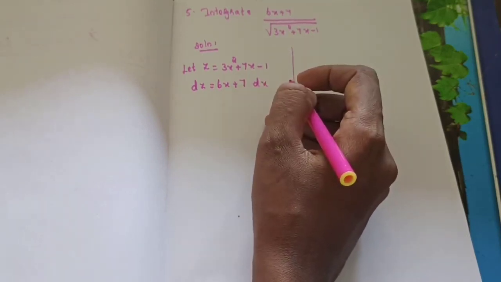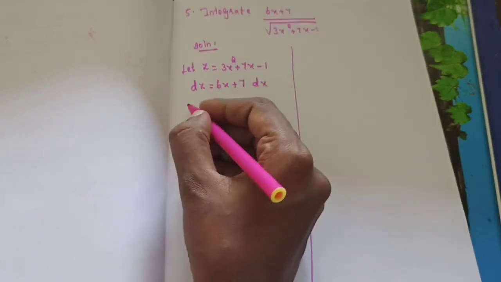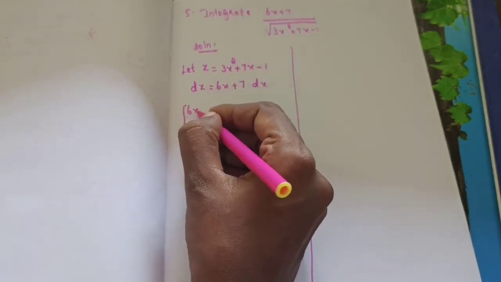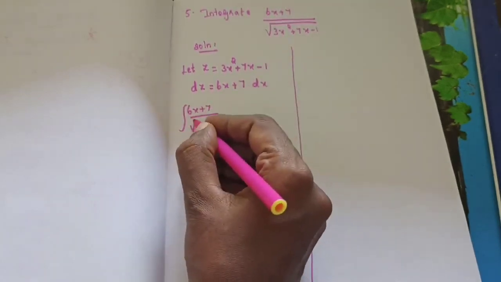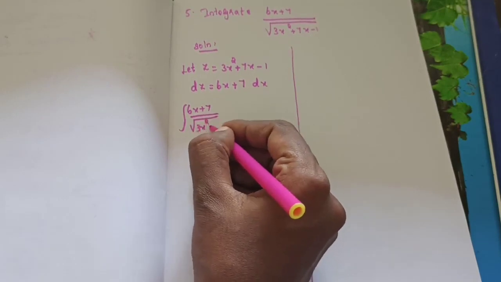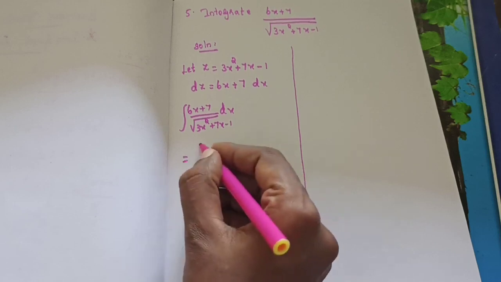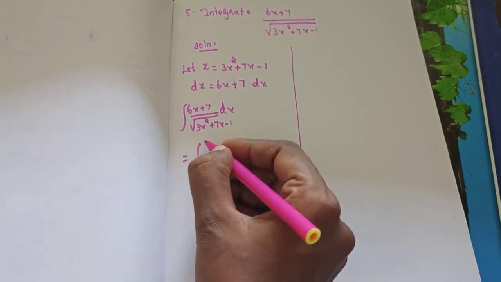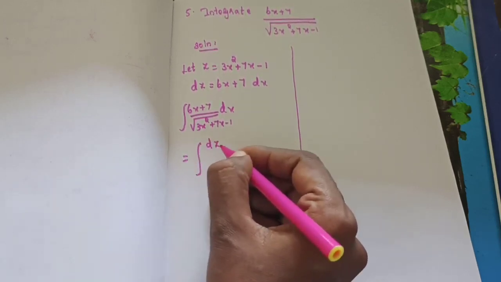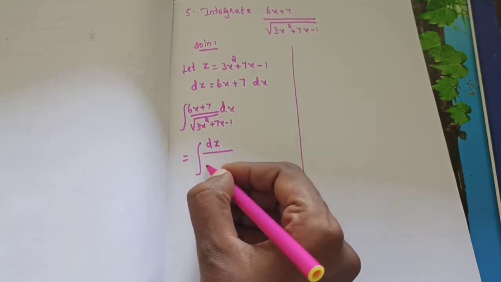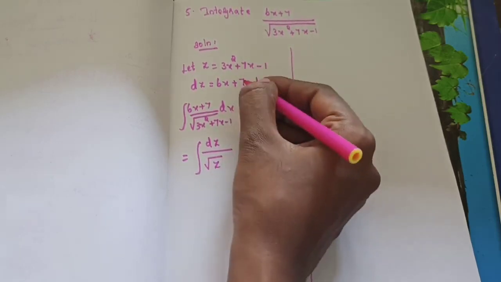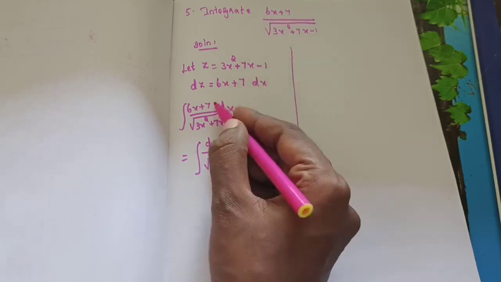Now you can substitute in the question: the integral of (6x plus 7) divided by the square root of (3x square plus 7x minus 1) dx is the integral of (6x plus 7) dx, which is the same as dz, over the square root of z.